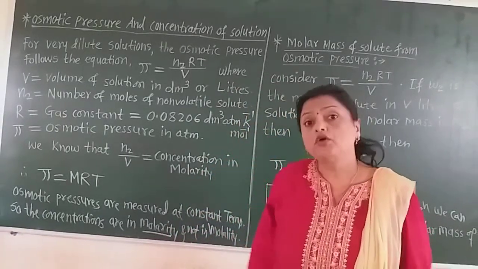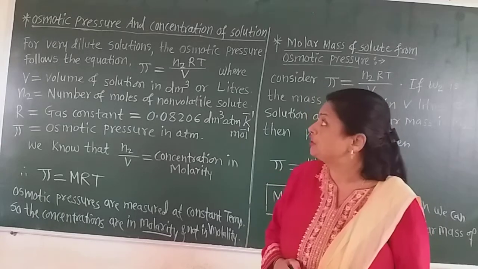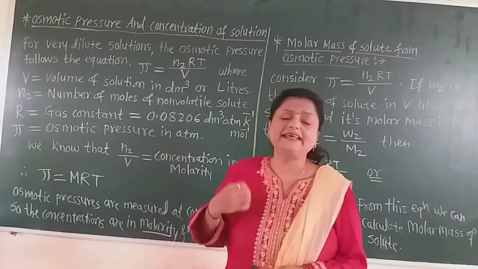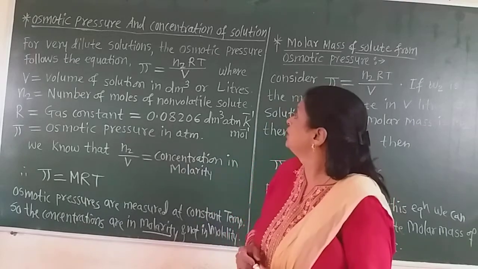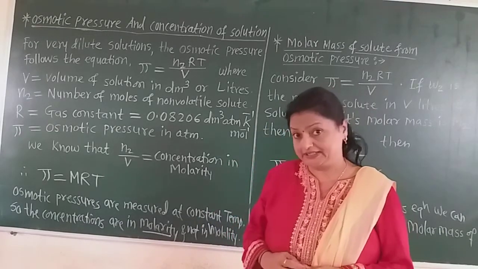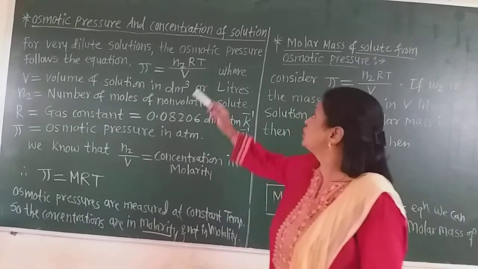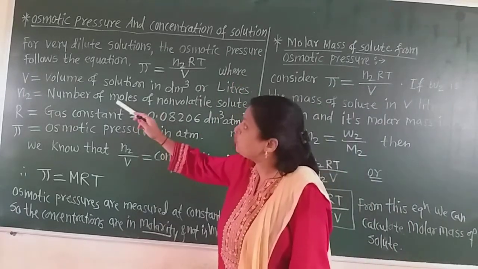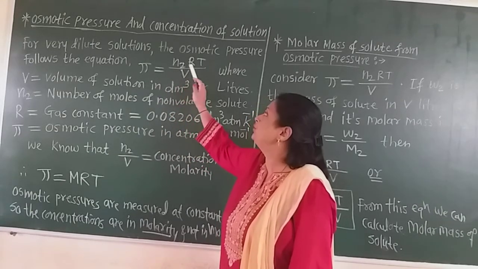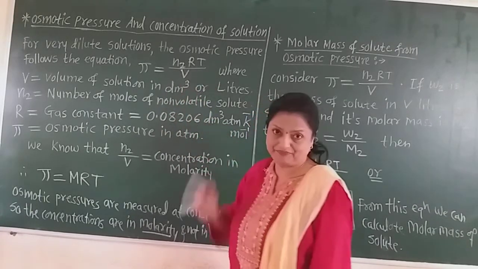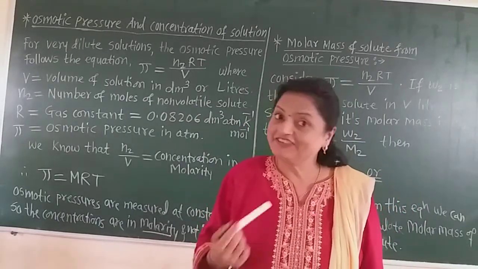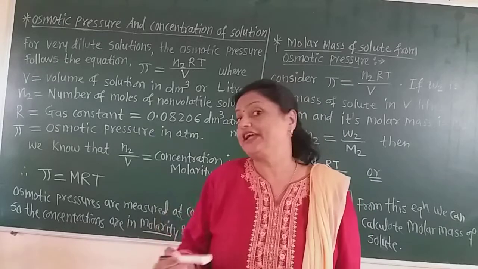So here we also use this osmotic pressure to calculate the molar mass of the solute, and there are numericals also. Now see here, for very dilute solutions, the osmotic pressure follows the equation pi is equal to nRT.